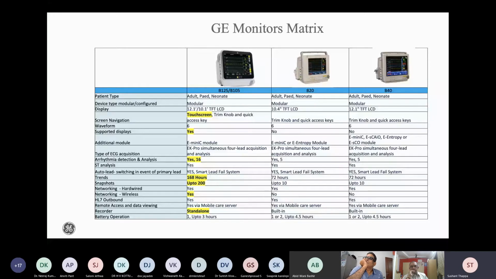A lot of times what we are seeing now is it doesn't matter how much storage space a monitor has, because a lot of institutes are moving towards central monitoring, and the data comes to a central server. It stays at that central server, which I'll talk about later, so that you're able to retrieve that data.